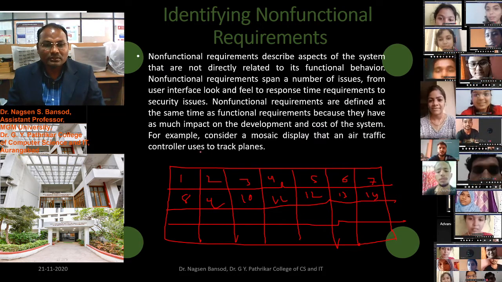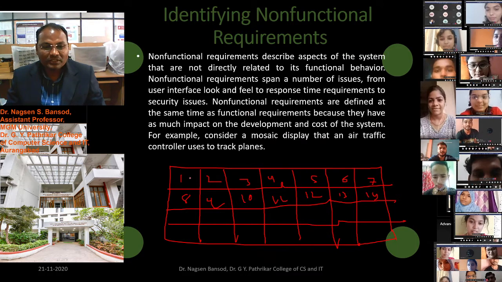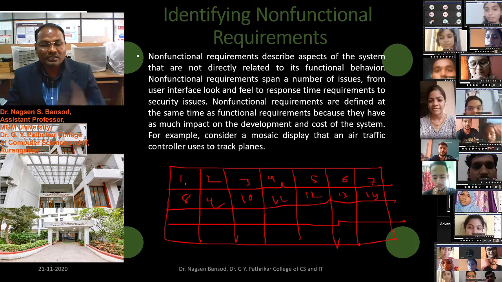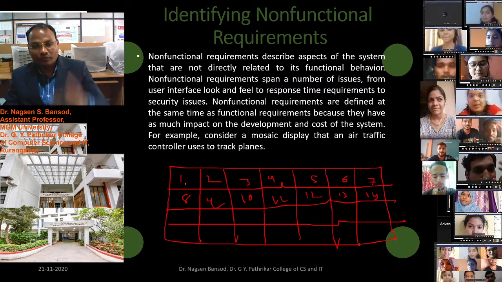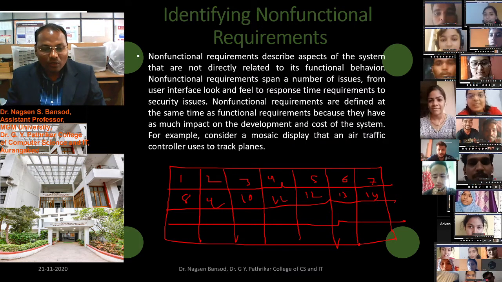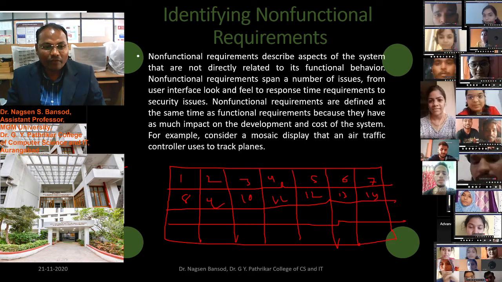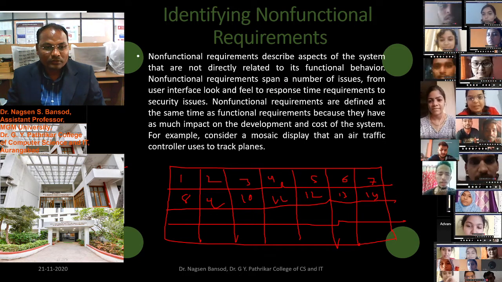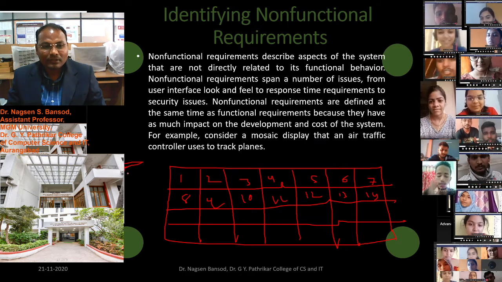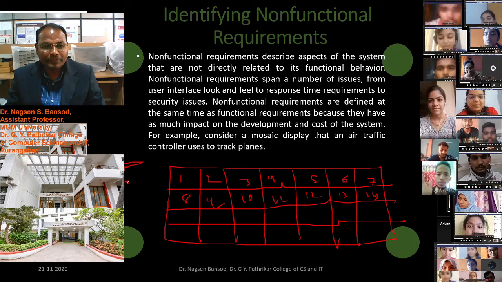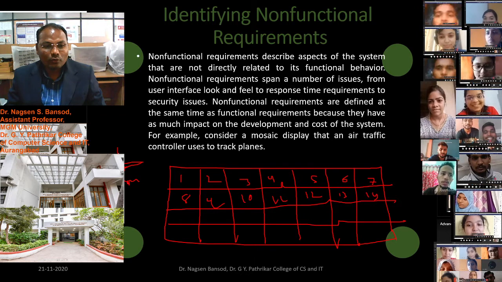Where is that aeroplane? Actually, this is a non-functional thing. We can just find the plane and aircraft information. Actually, we can find the speed of the aeroplane and its location.